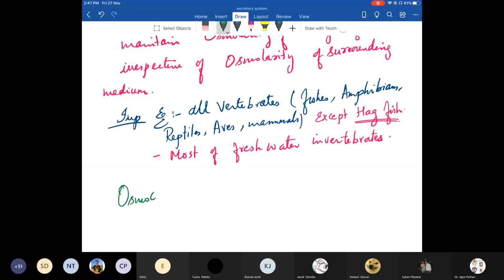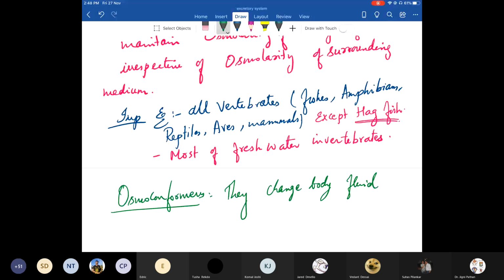They change the body fluid's osmolarity with change in the osmolarity of the surrounding medium.